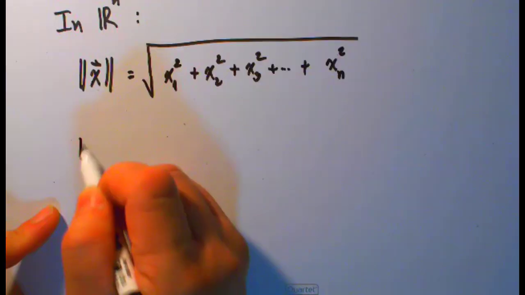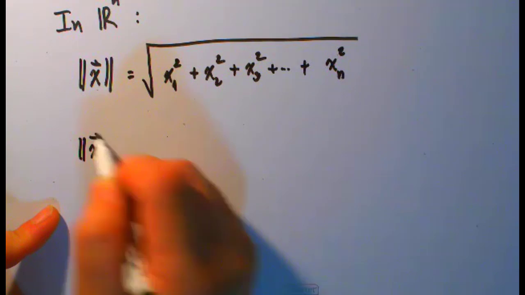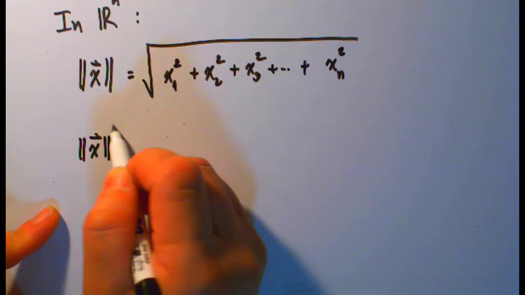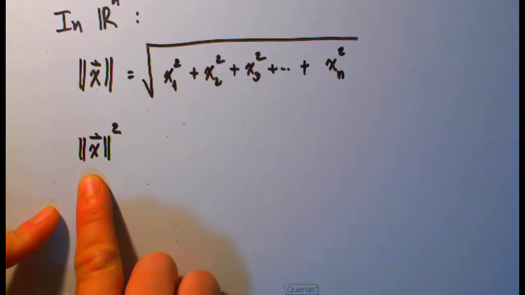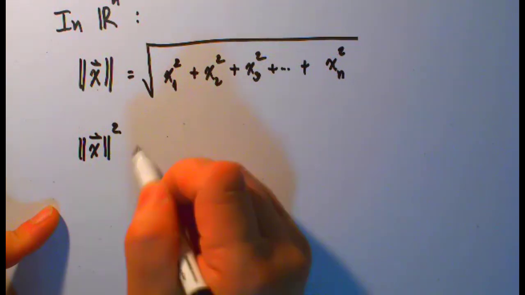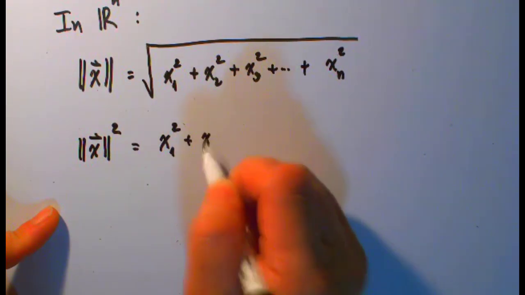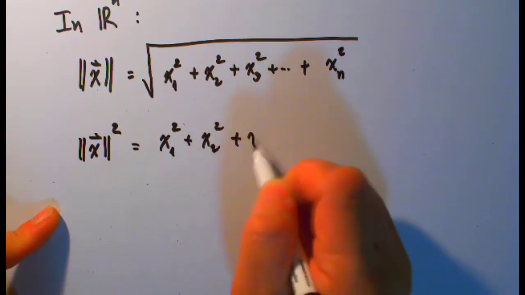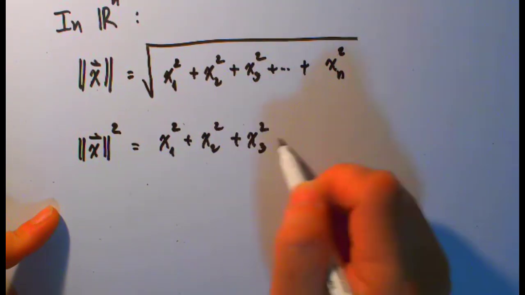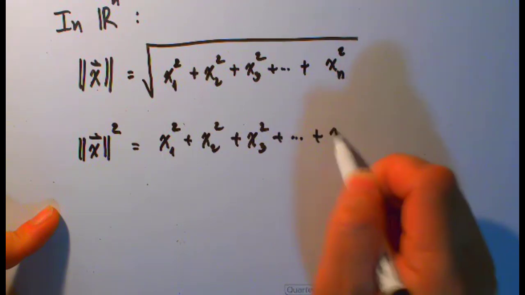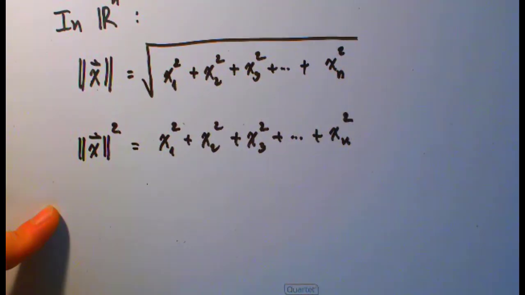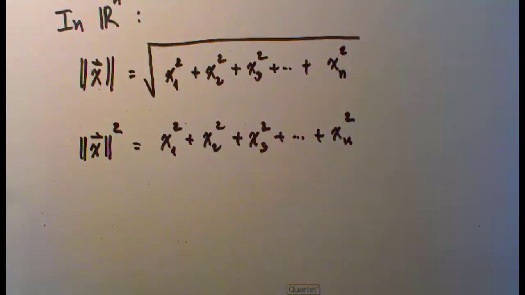Or some other textbooks also write that as the length square equals x1 square plus x2 square plus x3 square plus xn square. So that's just a brief look at how we obtain length.